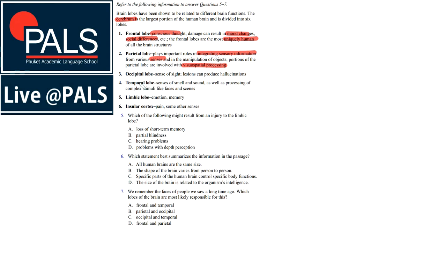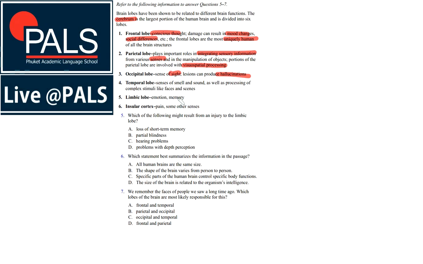The occipital lobe gives us a sense of sight, so it has to do with our eyes as well. So the parietal lobe is probably related here to that. Lesions can produce hallucinations. So any damage to it can produce hallucinations.